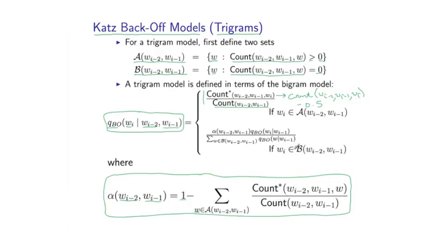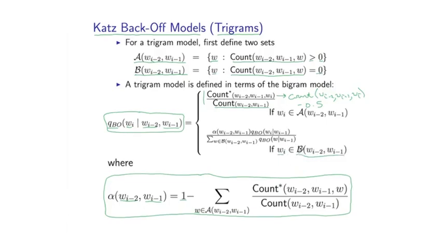And for any word which is seen in the set B, i.e. for which this count is equal to 0, we define the backed-off estimate in the following way. We're again going to split this missing mass between these words in the set B, and we're going to split it in proportion to the backed-off estimate at the bigram level. This is just the estimator I showed you on the previous slide.